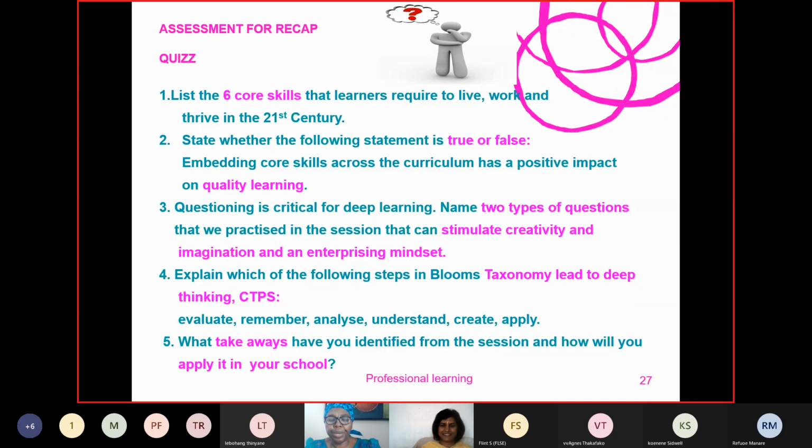We are left with 1 minute. 1 minute left.